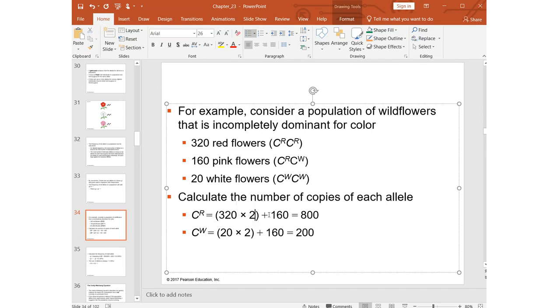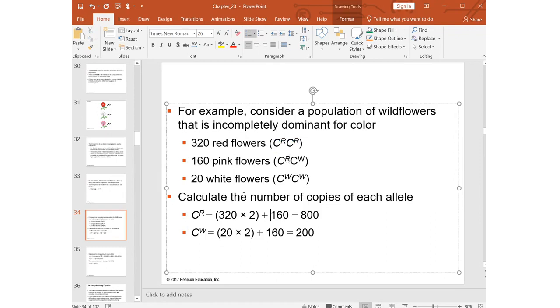So you have to multiply the number of red flowers by 2, since each one of them has 2 red alleles. But if you're looking for red alleles, you also have to add in the heterozygotes, because each heterozygote has 1 red allele.